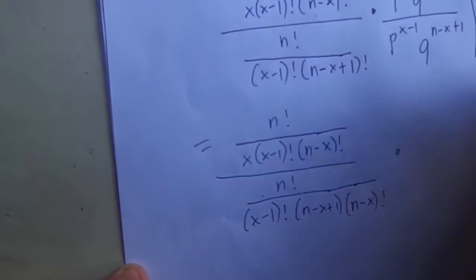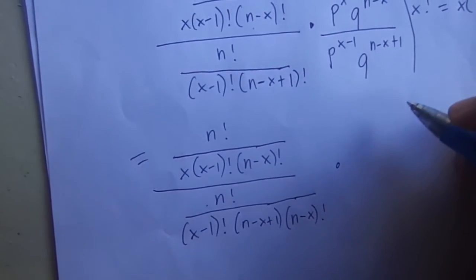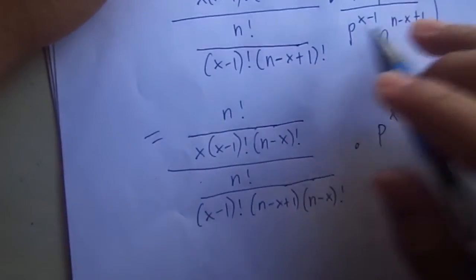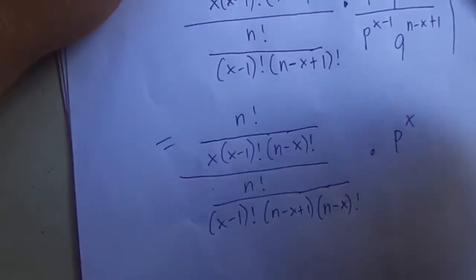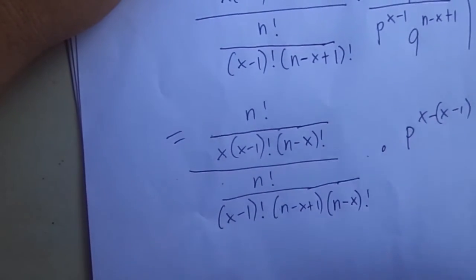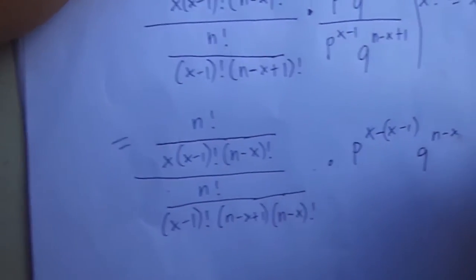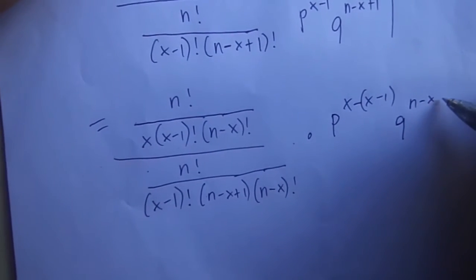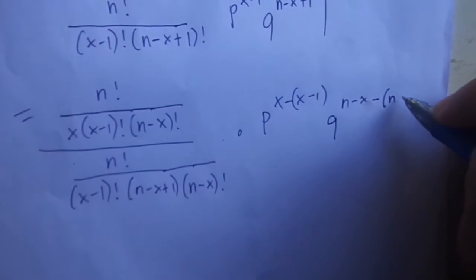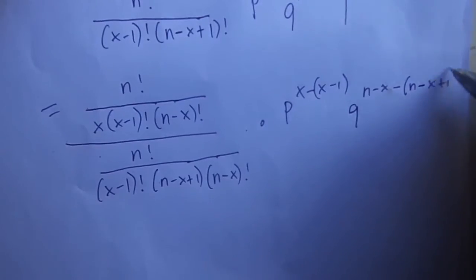So we have now, by law of exponent, p to the power of x minus the exponent of the denominator, x minus 1, and q to the power of n minus x minus the exponent of the denominator, n minus x plus 1.